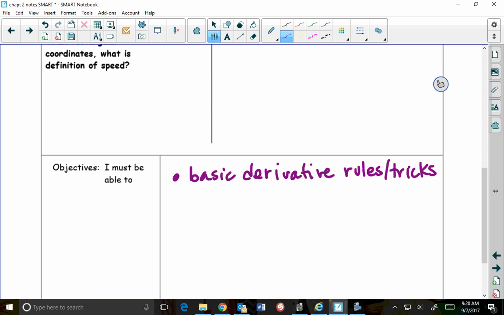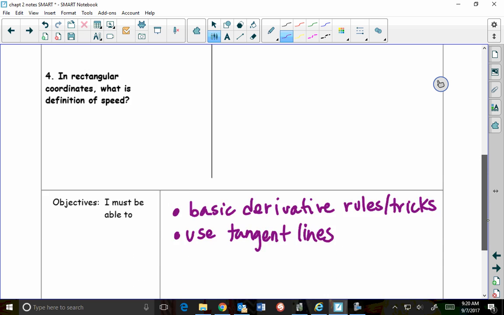Then we're going to still deal with tangent lines. And then we're going to hopefully have a very firm foundation on average rate of change versus instantaneous rate of change.